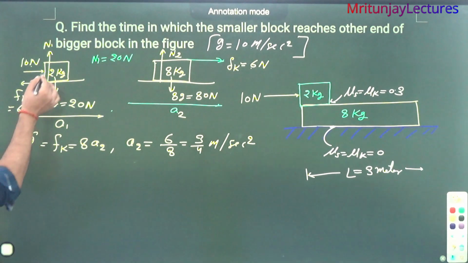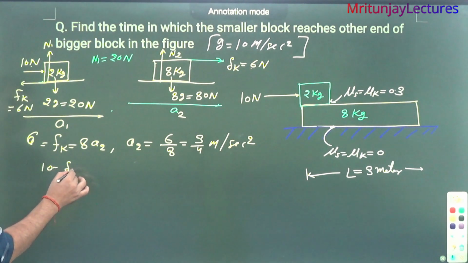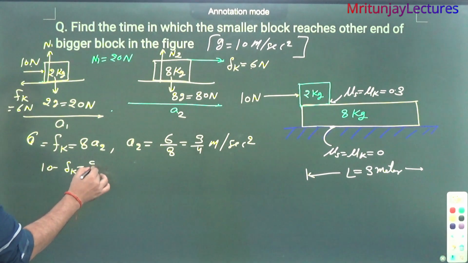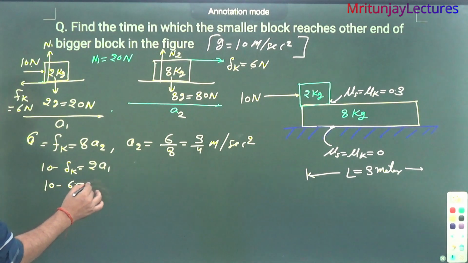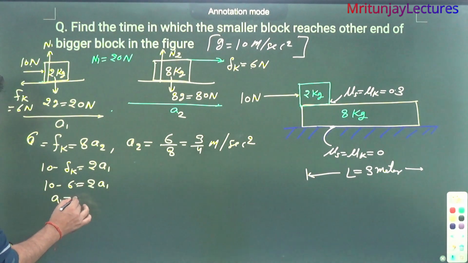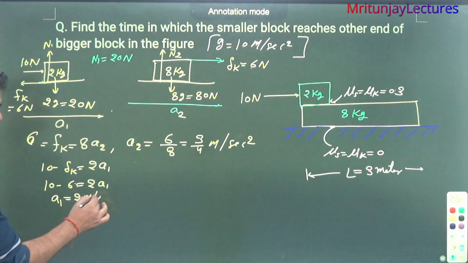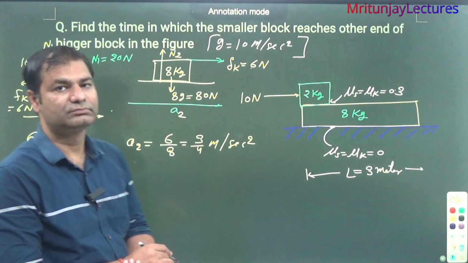Now look here, 10 minus Fk is equal to 2 into A1. Here 10 minus 6 is equal to 2A1. So A1 is equal to 2 meter per second square.